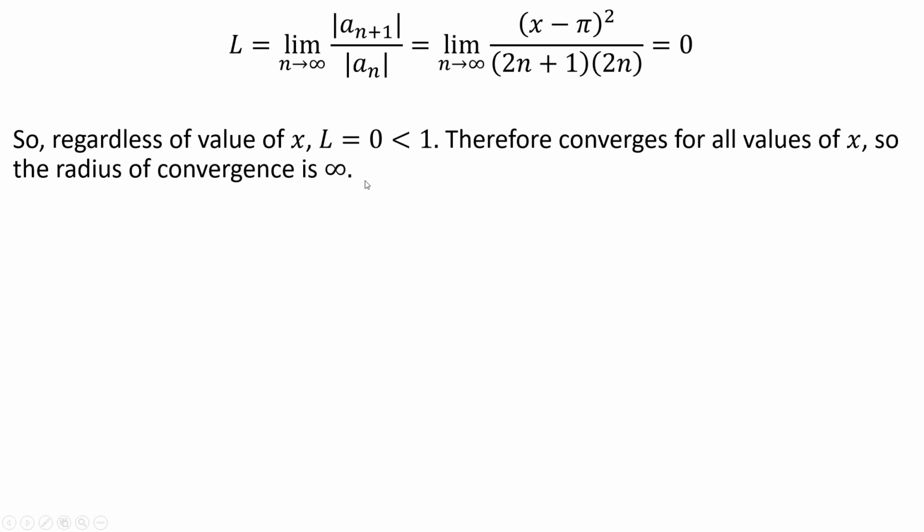And that's why we can take the sine of a million, because it's just a wave, right? The sine wave varies between -1 and 1, and it goes up and down for infinity. And that's why the radius of convergence is equal to infinity.